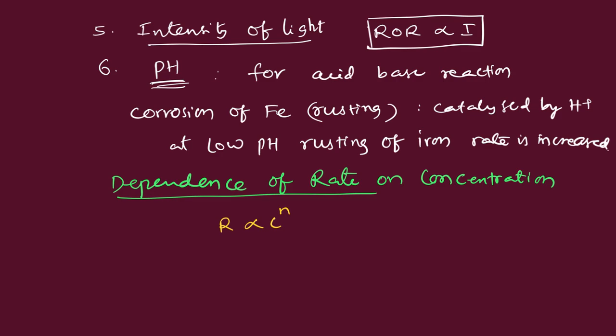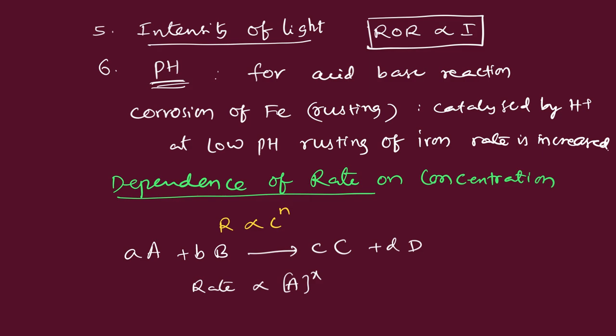So now I am taking one example. a moles of A, b moles of B give rise to c moles of C, d moles of D. Now, in this reaction, rate of reaction is expressed as rate directly proportional to the concentration of A power x and concentration of B power y.